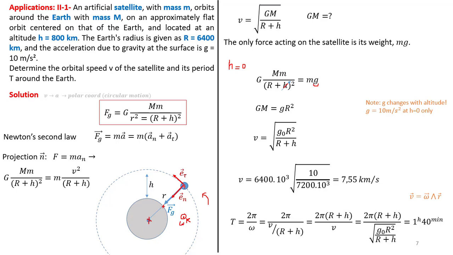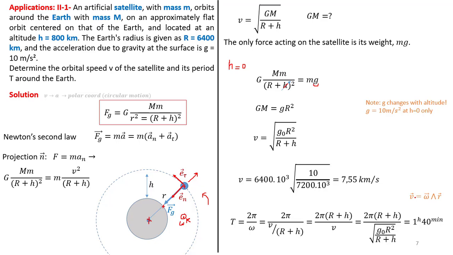What is the direction of r? The direction of r is like this. It's the radial direction. So omega and r are perpendicular to each other. The angle between them is 90 degrees. So if we go back to this expression, v is equal to omega times r times sine 90.